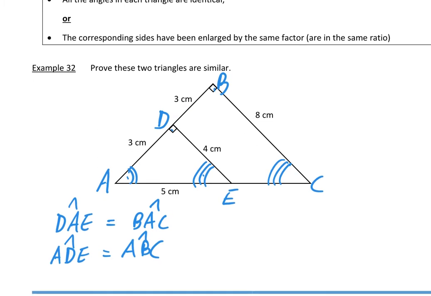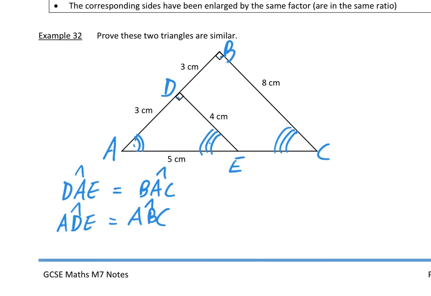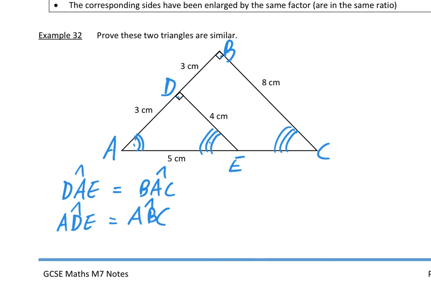They are equal, and the reason is, if you think about it, how you would calculate this angle here is you would do 180 minus this angle and also this angle, which happens to be 90. Same idea, how you would calculate this angle at C is you would take away this angle, which was the same as the one we had before, and 90, so they're bound to be the same.